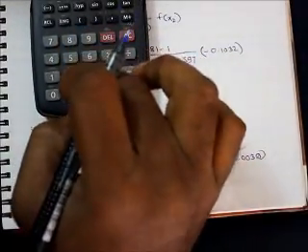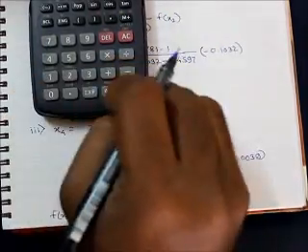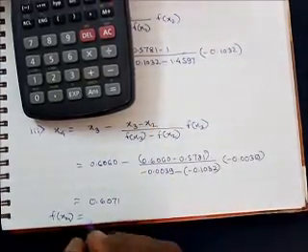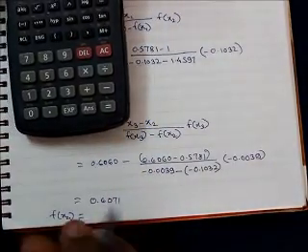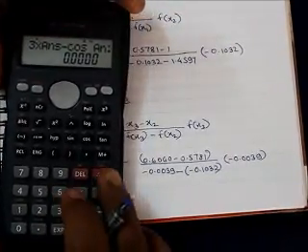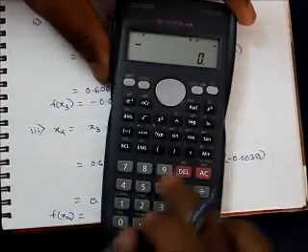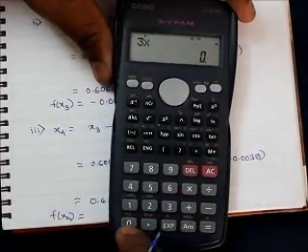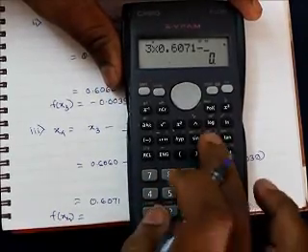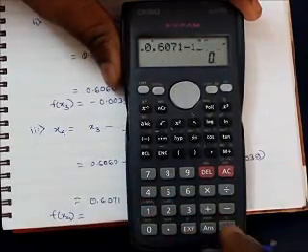Let's see what f(x4) is going to be like. 3 into the answer minus cos of the answer minus 1. So up to 4 digits, it's almost 0. Take a look at this one. 0.6071, that's our answer. So 3 into 0.6071 minus cos of 0.6071 minus 1.